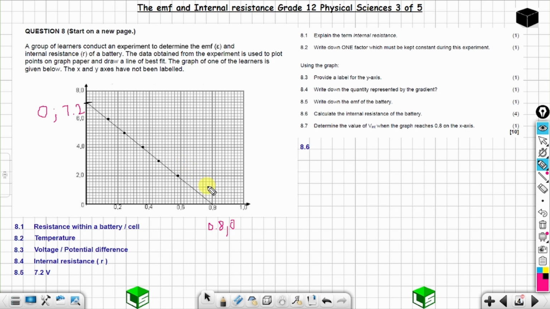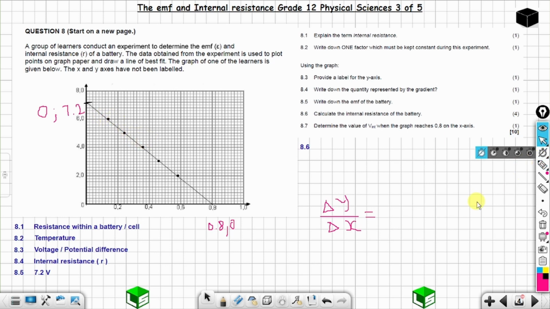is the gradient. So to find the gradient, you have change in the y over the change in the x. So you can find the internal resistance by finding the gradient of this line.